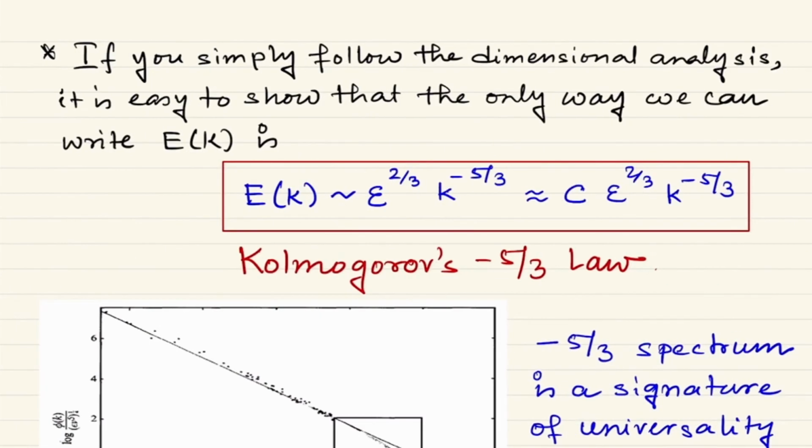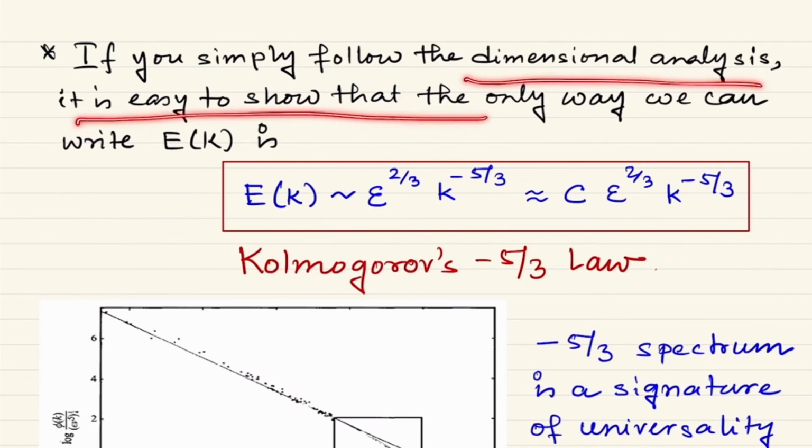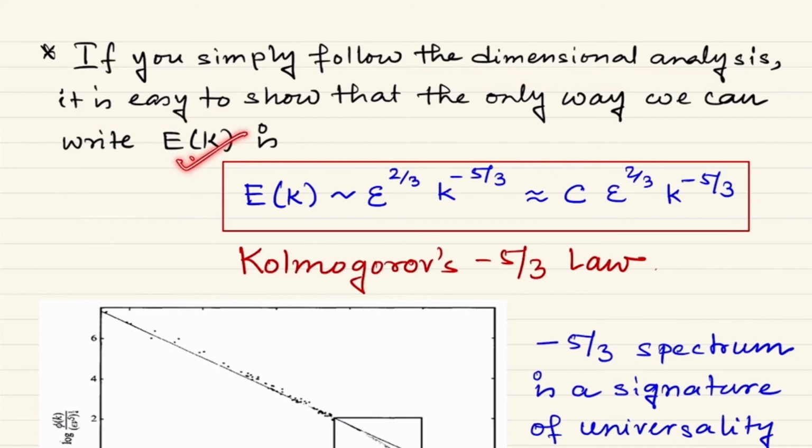If you follow normal dimensional analysis and say that Ek is only a function of epsilon and k, then the only possibility is that Ek should scale as epsilon to the power 2/3 times k to the power minus 5/3, and epsilon is something which is independent of scale, so it is also independent of k.